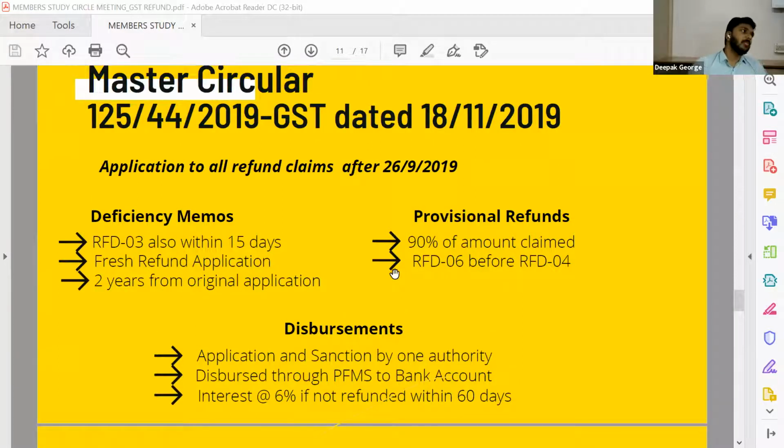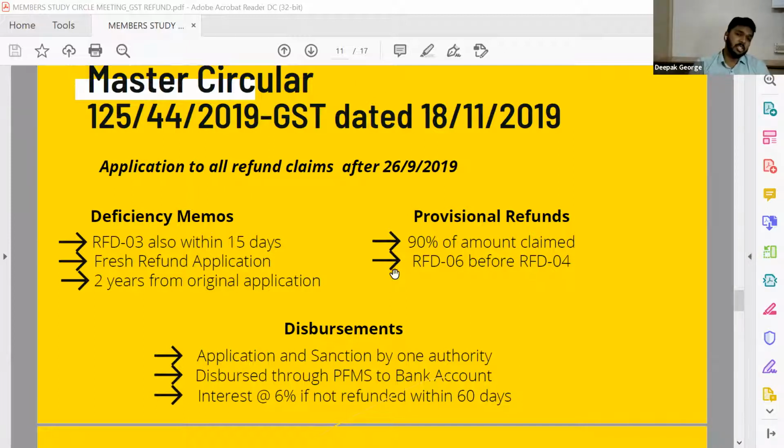Then coming to the master circular. Now, this is not called a master circular; I put it in that way. You have for bank audits, master RBI circulars and all that. But this particular circular, as you can see, is a 27-page circular. Probably one of the biggest I've seen till date.